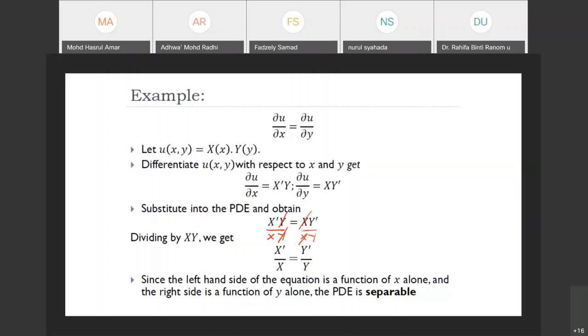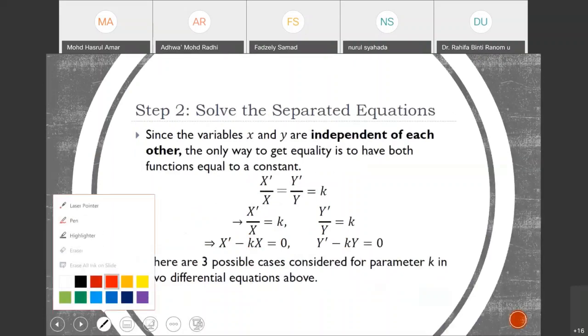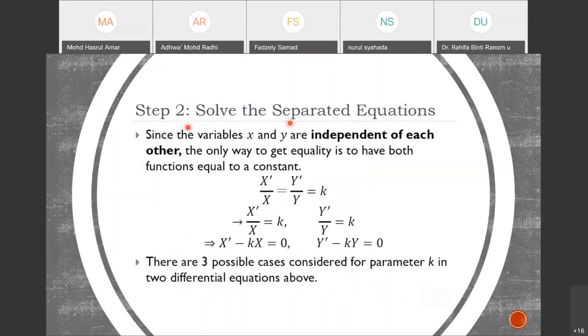So we can say that the PDE is separable. When the PDE is separable, we can use this method to solve the PDE analytically. Let's move to Step 2. In Step 2, we are going to solve the separated equations. Now we have these 2 ODEs: X prime over X equals Y prime over Y.